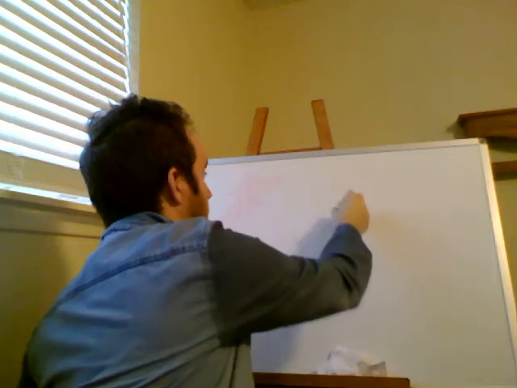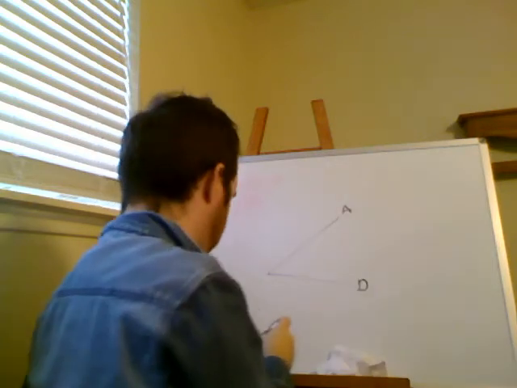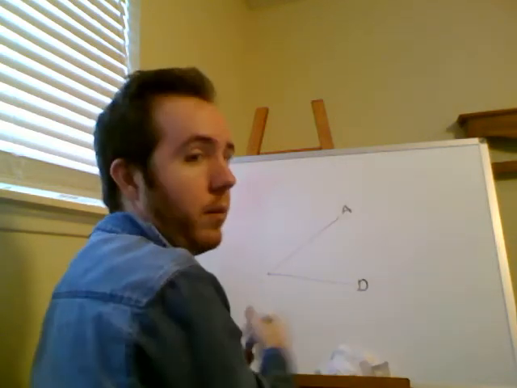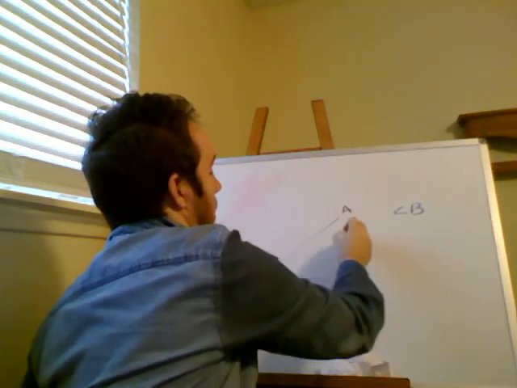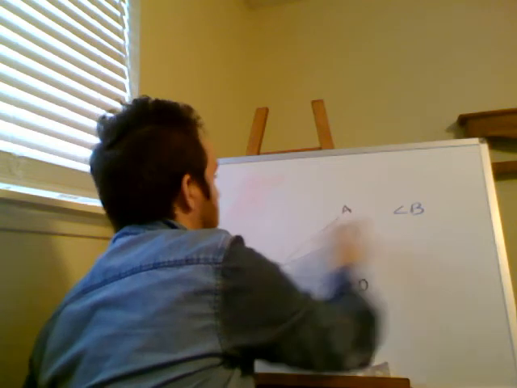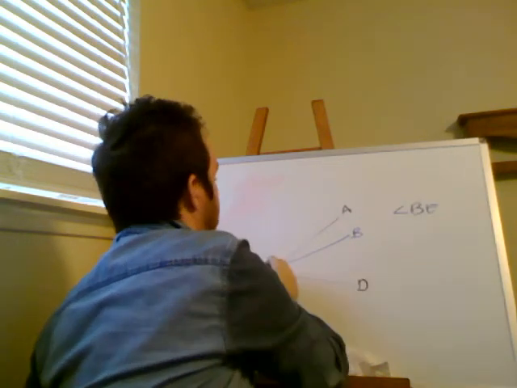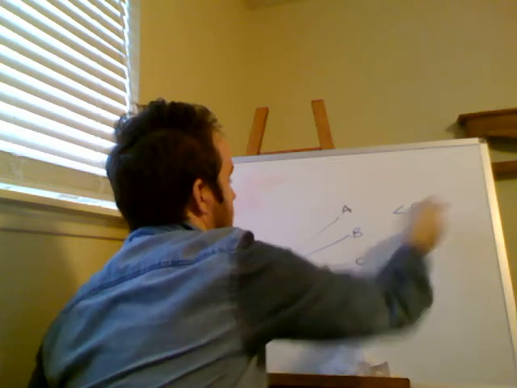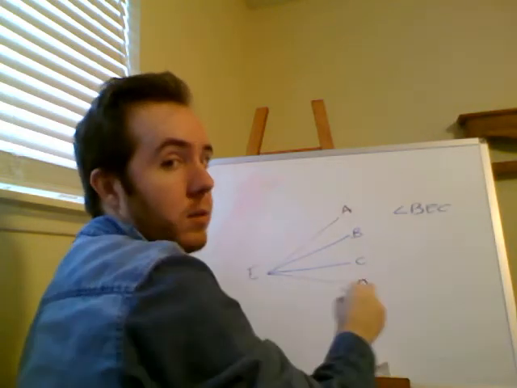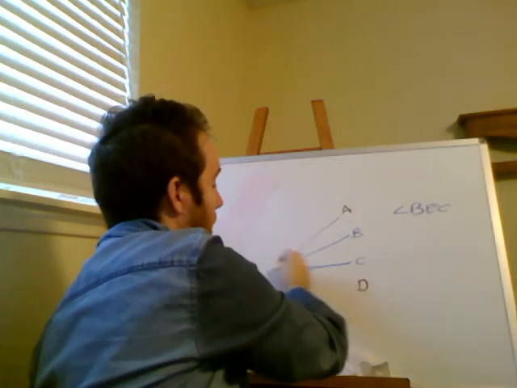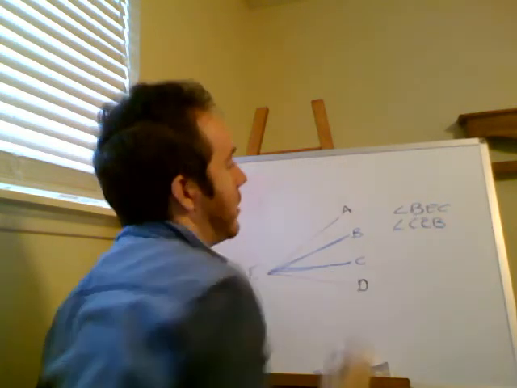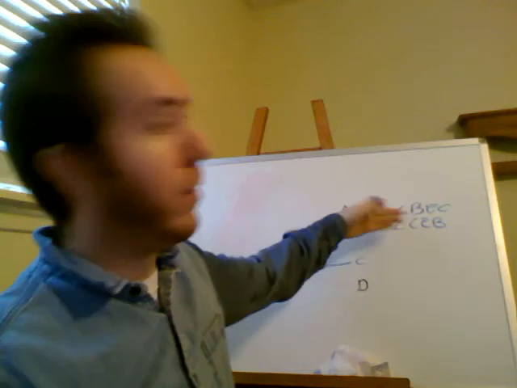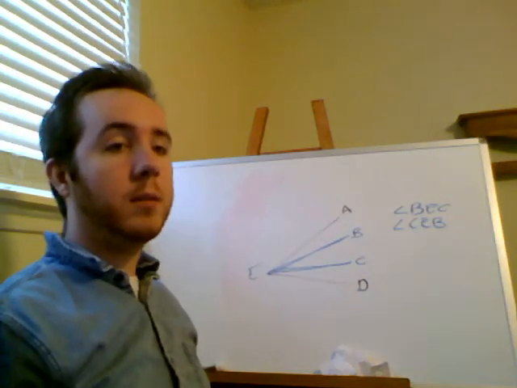Well, we have these purple lines here, A and D, but our blue angle starts from B, so I'm going to write B, it goes to E, so I'm going to write E, and then it goes to C, so I'm going to write C. We could have also gone C to E to B, and that would also be correct. So for our first question there, you can put in either of these two things, BEC or CEB.